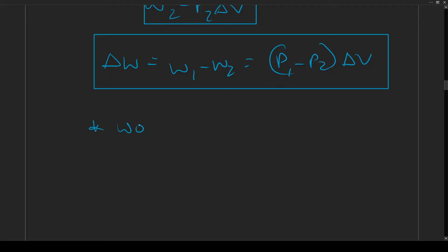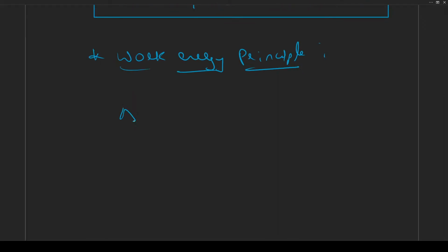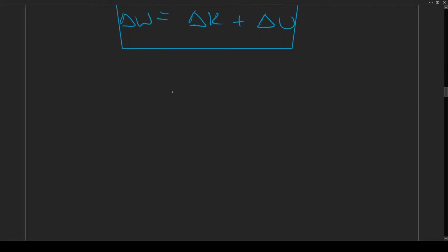So now we use the work energy principle, which states that delta W is equal to delta K plus delta U. But we still did not find delta K and delta U. Let's find that out.